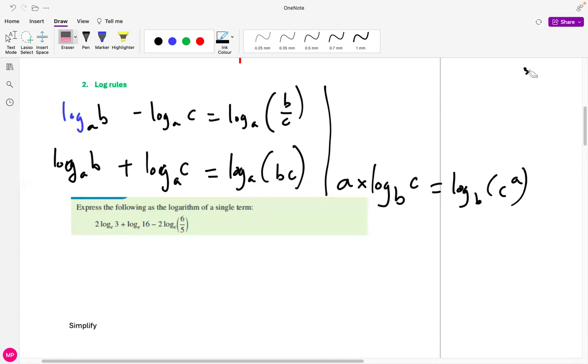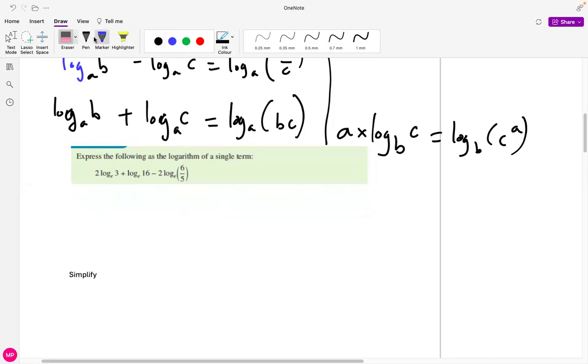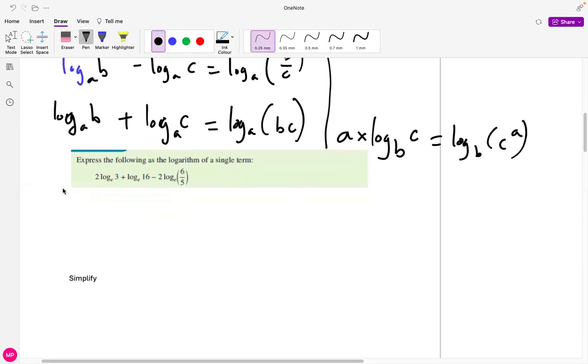So we're going to use this rule to simplify the log. Here, they want us to express the whole expression as a single term, so we want to combine using the log rules. First of all, we move the 2 to the top, like the third rule.